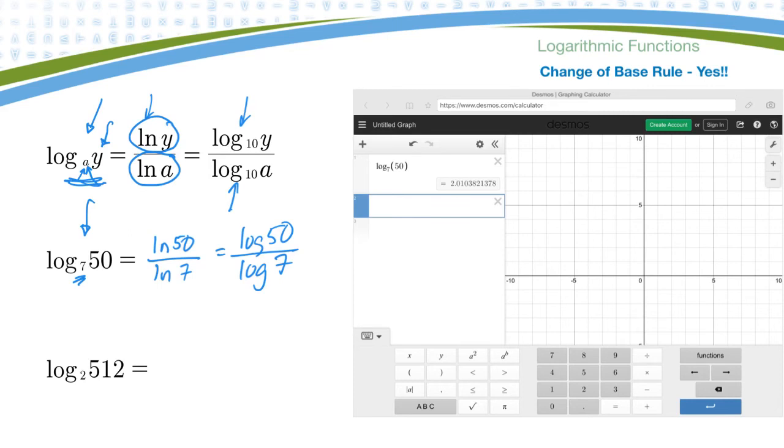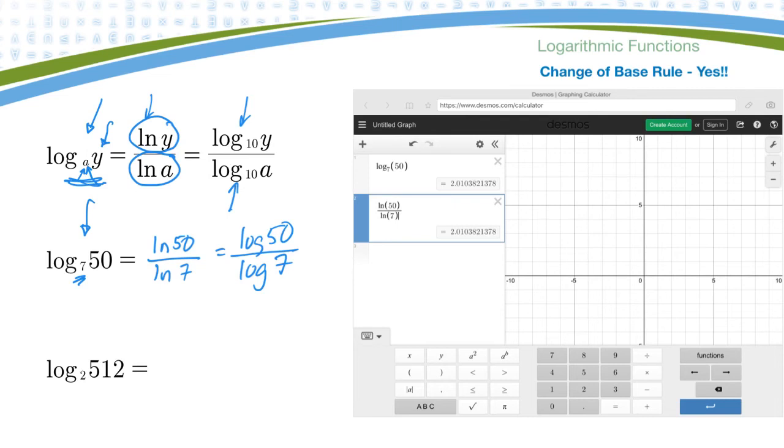So we're going to do log, or let's use ln. There's ln of 50, close my bracket, divide, love how it shows a fraction there, ln again of 7, bracket. Notice it gives you the exact same number. And you could do log base 10 of 50, divide log base 10 of 7, same thing.